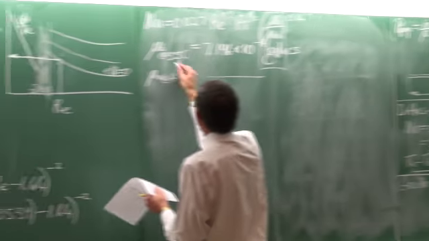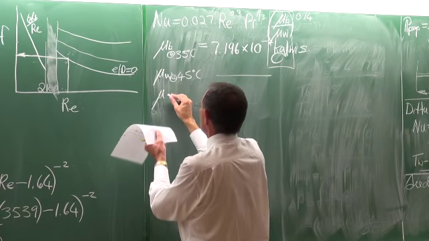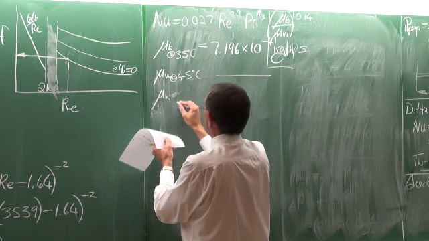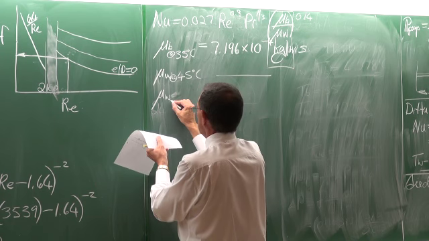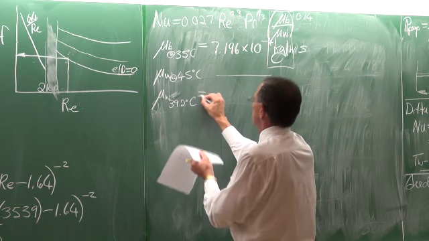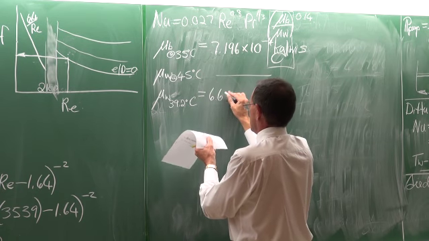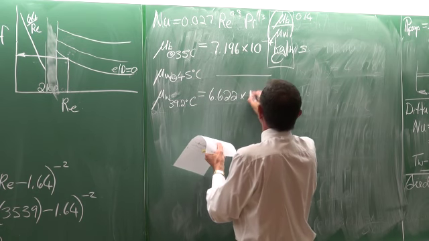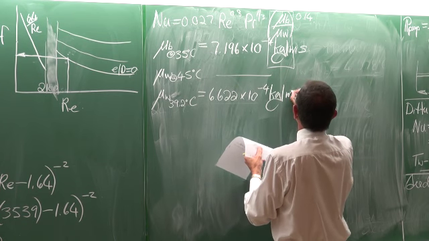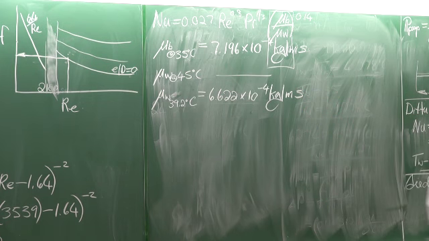So after you've converged with this problem, and you get the wall temperature, you calculate the viscosity at the wall temperature of 39.2, which is equal to 6.622 multiplied by 10 to the minus 4 kilograms per meter second.